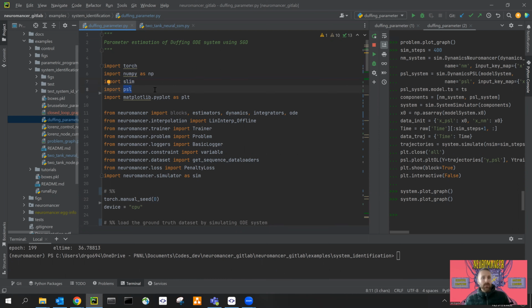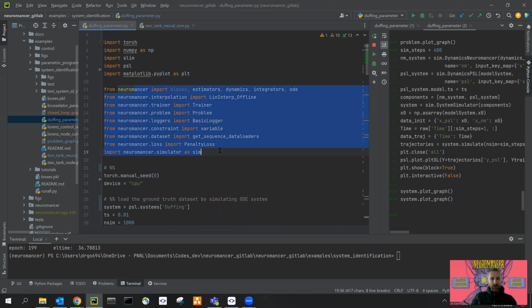We will import PSL, which stands for Physics Python Systems Library, and we will use this one to generate our time series data. And everything else is our core NeuroMANCER imports that will build your computational graph, your digital twin model, physics-informed loss function, and aggregate everything in a differentiable computational graph that can be trained given data.